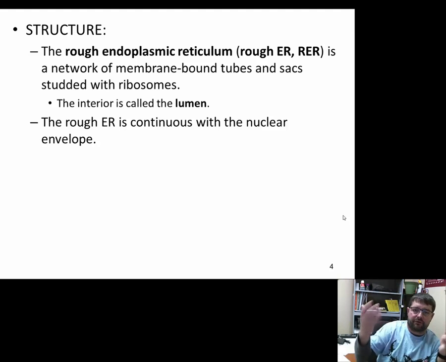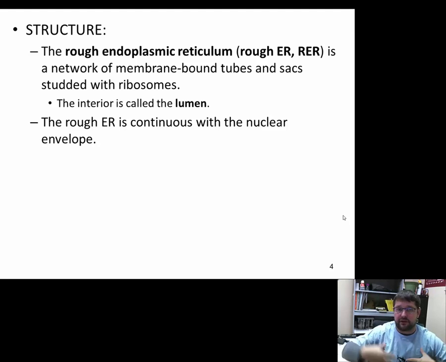Typically it's the Golgi apparatus because the stuff that's made in your cells needs to be stamped with a sugar coating that indicates that it was made inside and it's self-made. Otherwise your immune system will attack it, and we'll come back to this. So rough ER, again, is associated with the nuclear envelope.